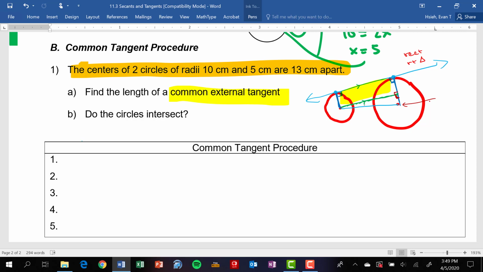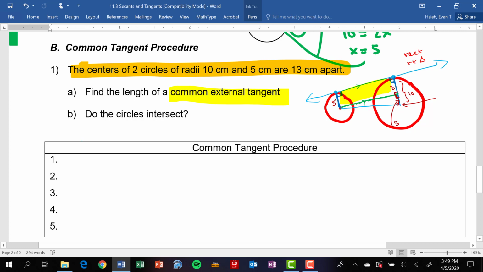And so I'm going to fill in some information here. The radius is 5. This is my last step, 5. This radius is 10. But I have a rectangle, so that means that this side is 5, which means that this is also, by subtraction, 10 minus 5 is 5.